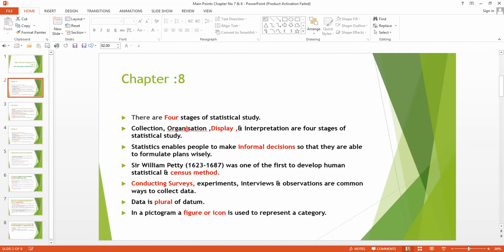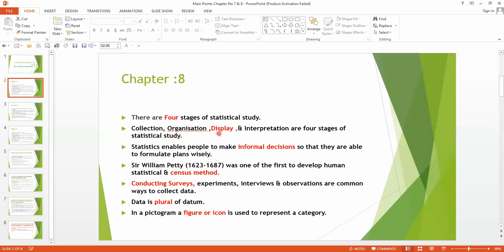Collection means you can collect data by conducting surveys, or you can take the data from the people around you. There are so many ways to collect the data, even online nowadays. Then you have to arrange it. That arrangement is called organization.